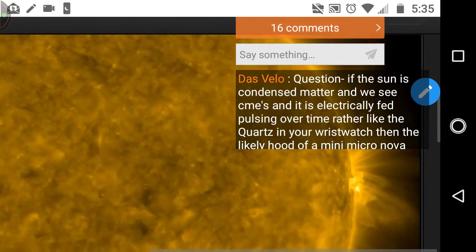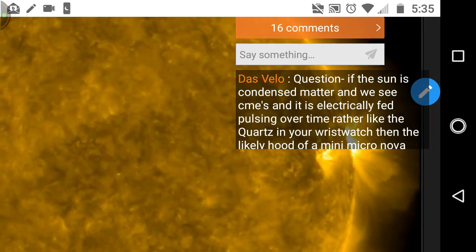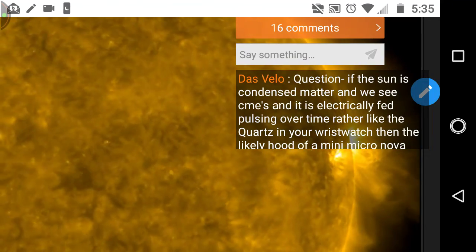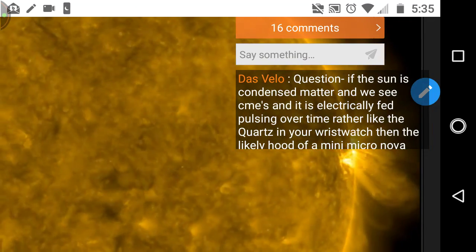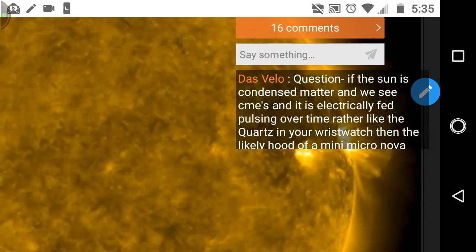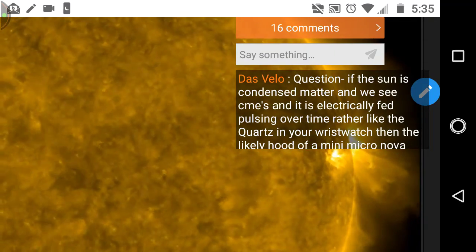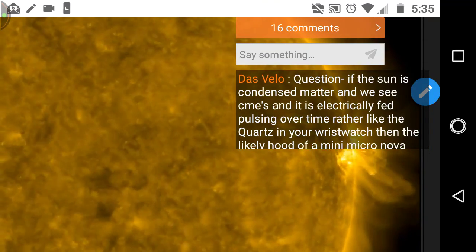Now, I heard Ben Davidson talking about this a few days ago, and what he was saying was, in order for a nova event to happen, you don't need sunspots, and that's what I was saying also a couple weeks ago, because you could have that come out of a coronal hole. What if we have a coronal hole that connects the south and north poles?